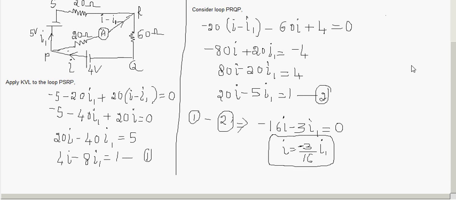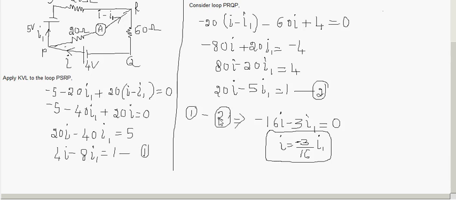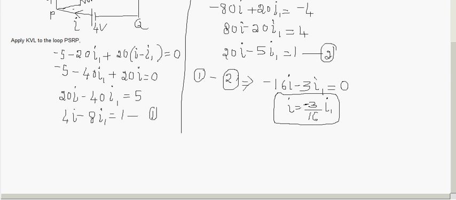Now substitute the value of I in equation 2.